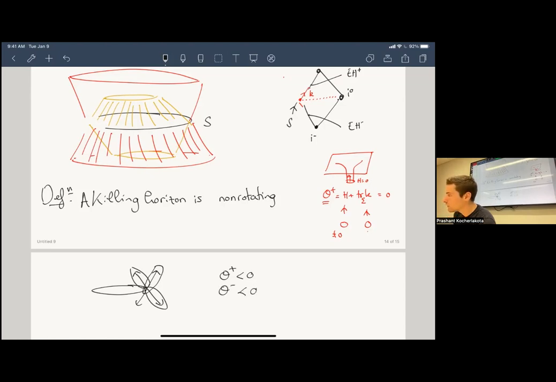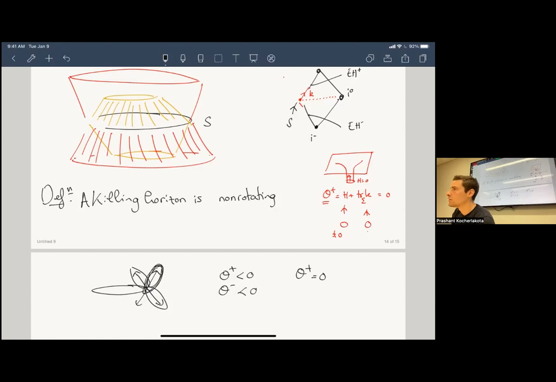To me it seems this thing in the direction where k vanishes is 0. But it need not be. Can you have the future null expansion be 0 and the past null expansion not be 0, say positive? You need some discontinuities or something.